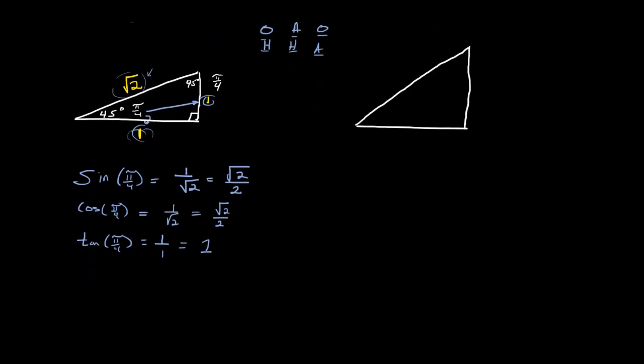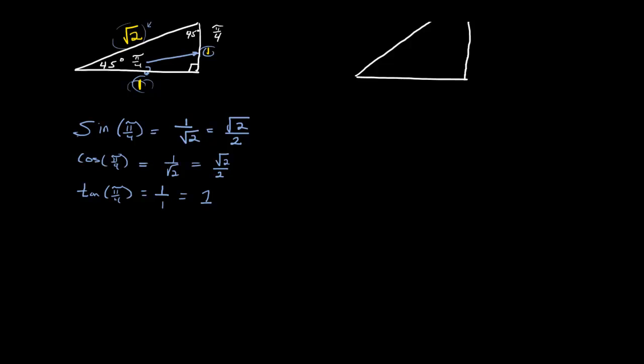If we want to evaluate the inverse of sine of pi over 4, that would be the cosecant of pi over 4. That's the way we relate cosecant and sine: they are the inverses of each other.